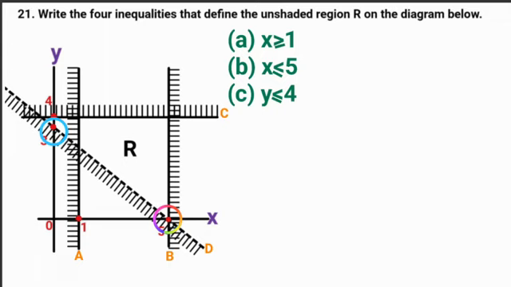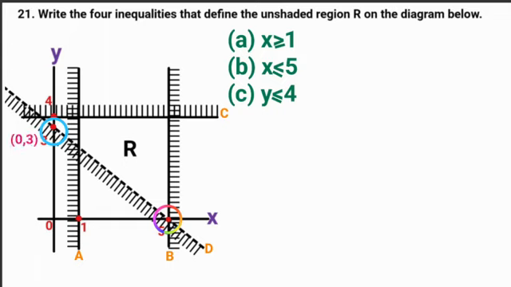So first we are going to come up with the coordinates for both points where this line is crossing the x and y axes. Let's start with the point where this line is crossing the y-axis.